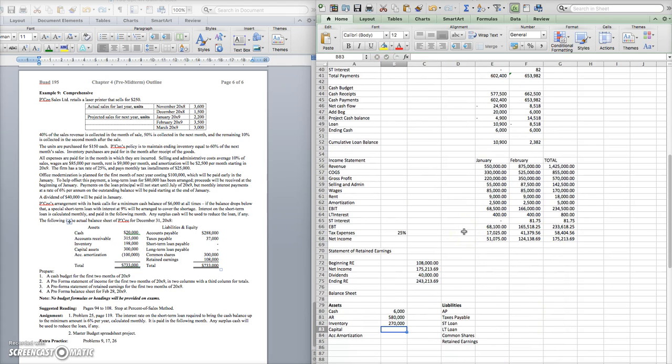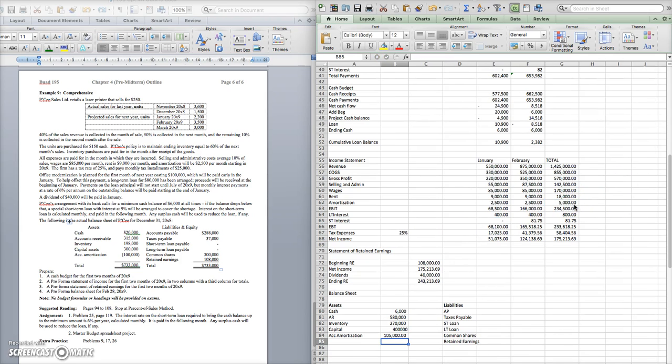Our capital. Now this is going to be sort of the starting figure of 300,000 provided, plus our office modernization of 100K. Our cumulative amortization is going to be our starting point of 100,000 plus our 5,000 that we've done to date. Now this is going to give us our total assets.